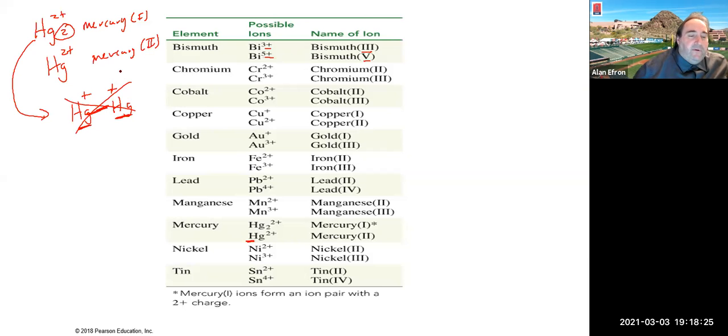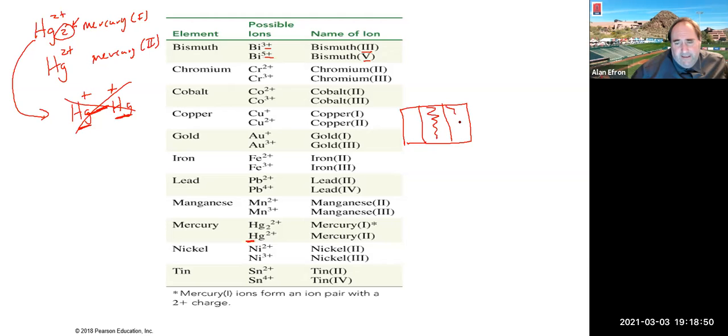How would you know the difference? Because that extra 2 will find its way into the formula, and you'll be able to recognize it that way if you do come across something with Mercury in it. So all these guys are really type 2 metals. And when we're talking about type 2 metals, we are really looking at the transition metals.